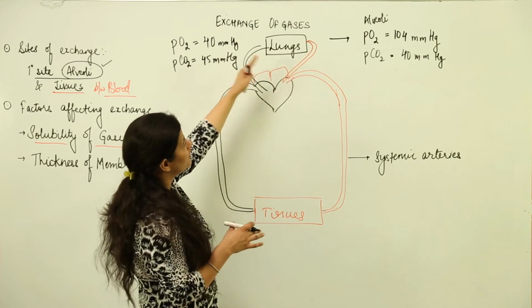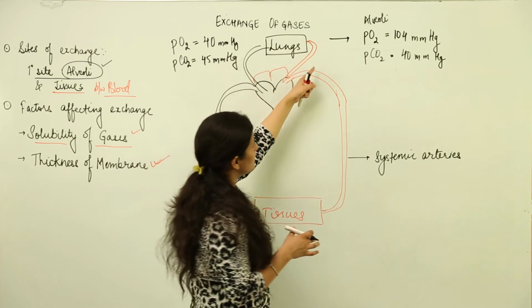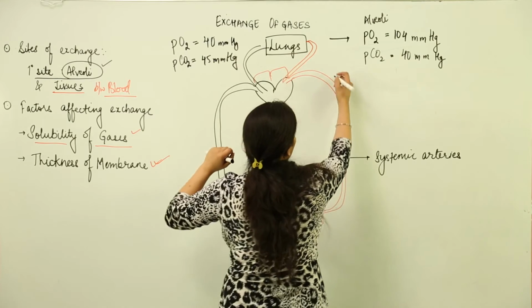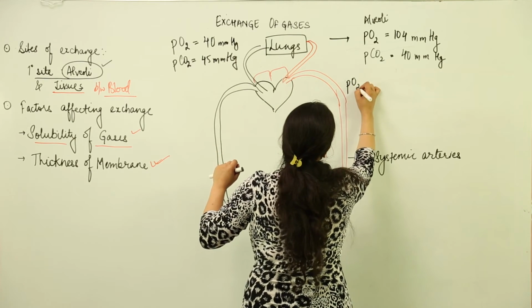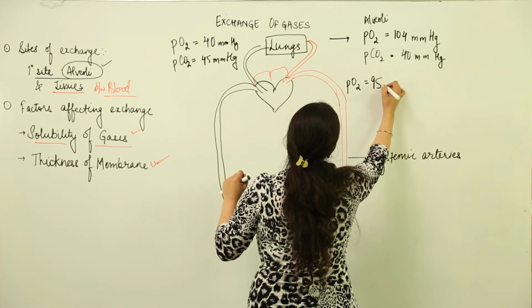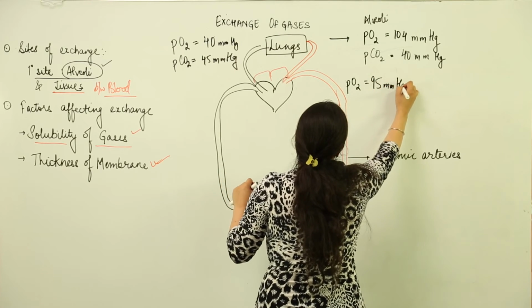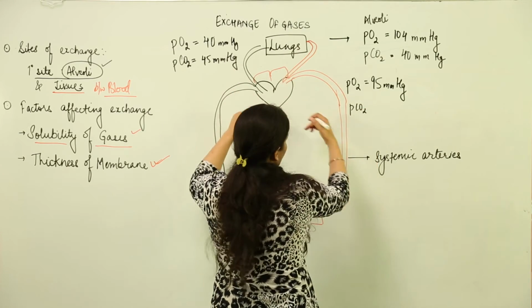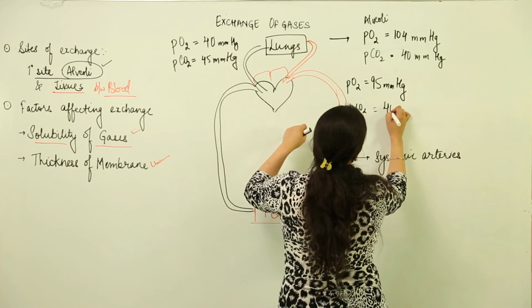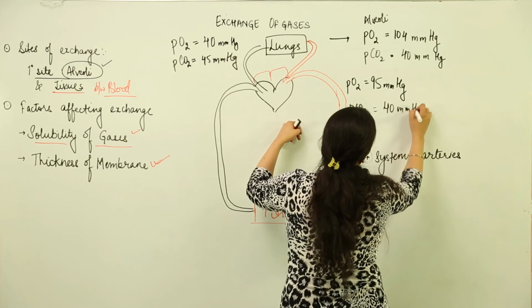When it moves into the blood, the partial pressure of oxygen inside the oxygenated blood becomes 95 millimeter of mercury. And the partial pressure of carbon dioxide reduces to 40 millimeter of mercury.